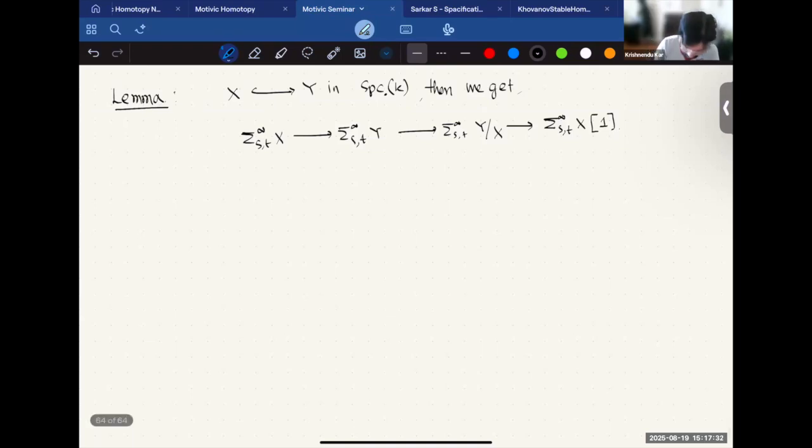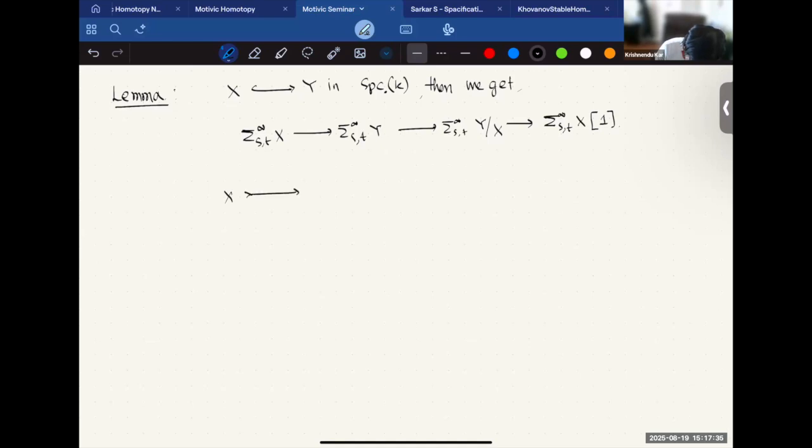For topological spaces at least, if I have a monomorphism of topological spaces X to Y, and I take the homotopy cofiber, not the cofiber, the homotopy cofiber, I will get the cone over f. What is that thing? That thing is precisely Y over X, right? Because X is an inclusion.